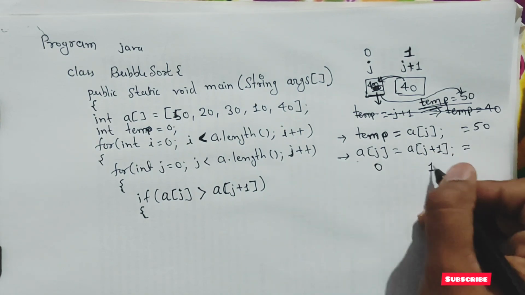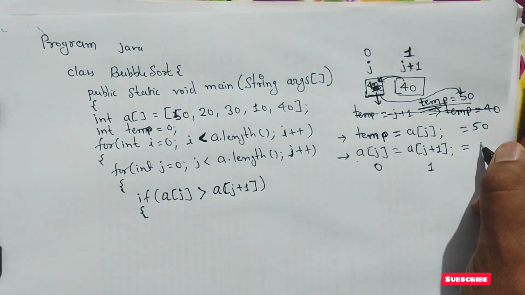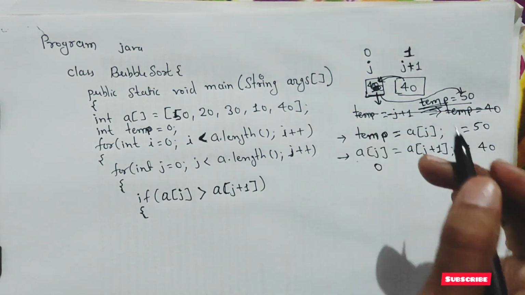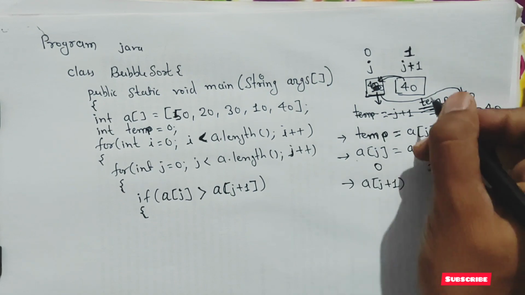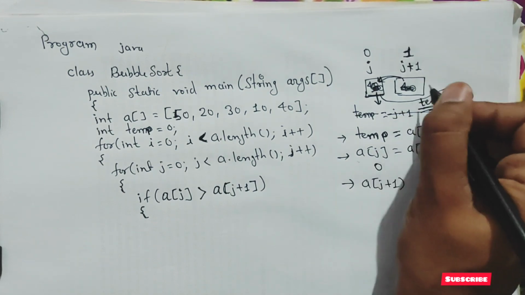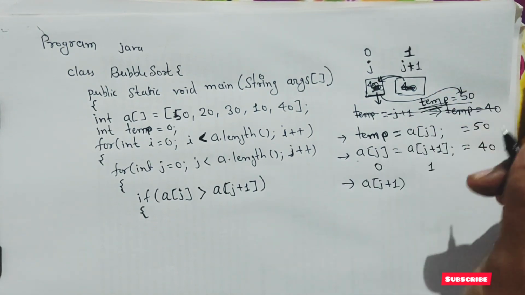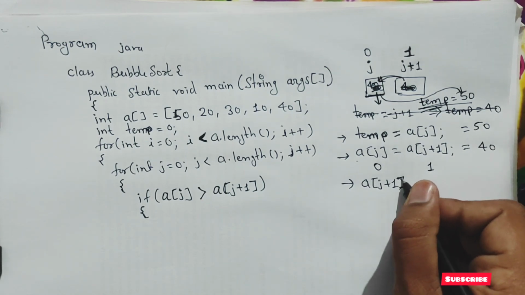So the index 1 value will go to index 0, means 40 goes here, and at the next iteration a of j plus 1 is now empty. Here we can do anything, so we will not lose any values.